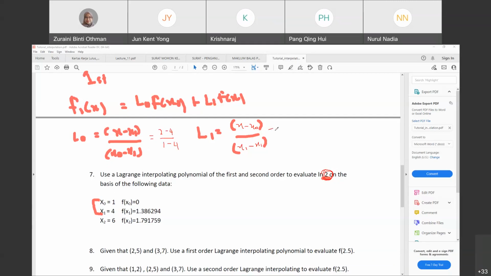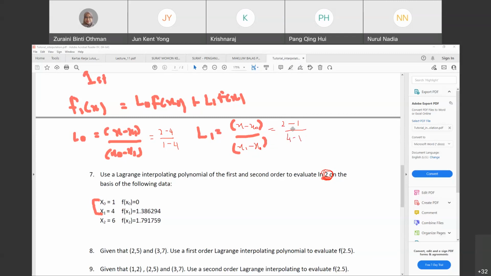And this is L1 ialah 2 tolak, yang ni ialah X0 salah, saya salah. X1 tolak X0. Okay, ini X0. Okay, so sekarang ini ialah 2 tolak X0 ialah 1 bahagi dengan 4 tolak 1.